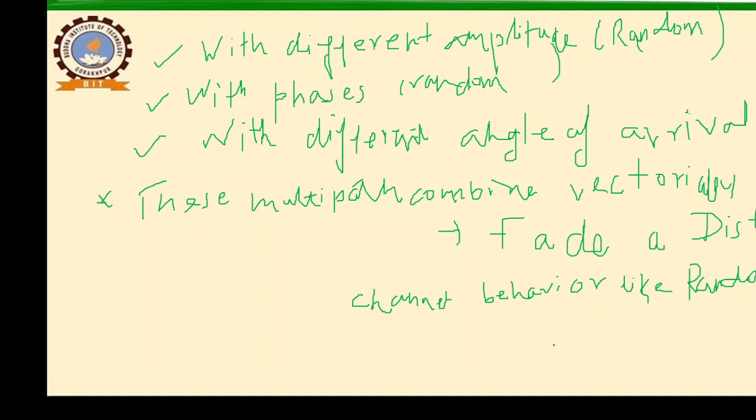So this is the channel, the transmitter and this receiver. Our aim is, first of all, prediction, then we see whether it is dynamic or static.